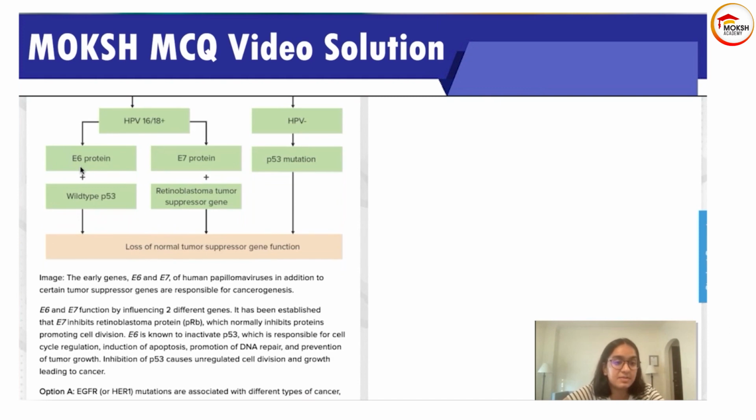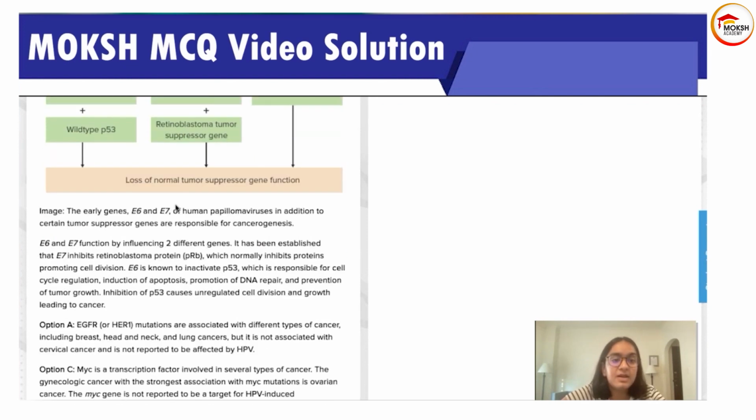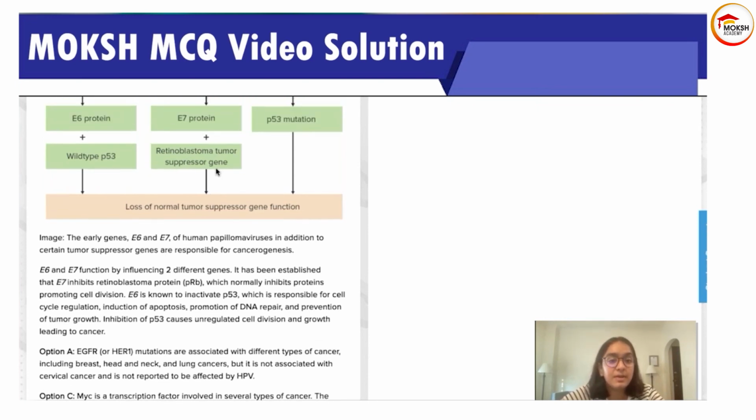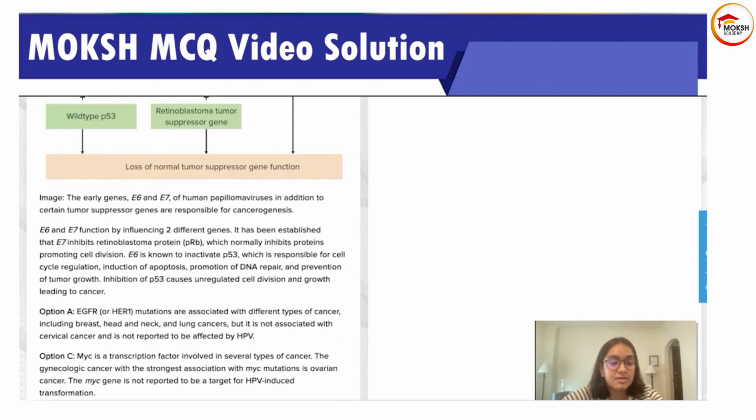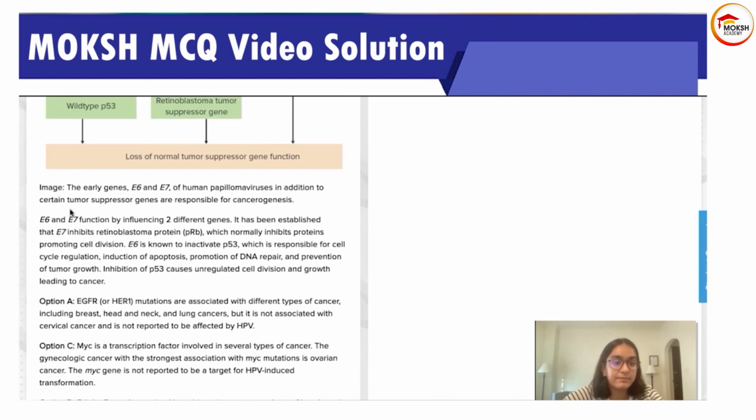E6 is responsible for inhibiting the wild type P53, and E7, the RB tumor suppressor gene, gets inactivated. The main function of RB is to stop or slow down or regulate progression from the G1 to S phases of the cell cycle. So when we inhibit RB, there is uncontrolled progression through the cell cycle, and that is what causes defective cells to get through.